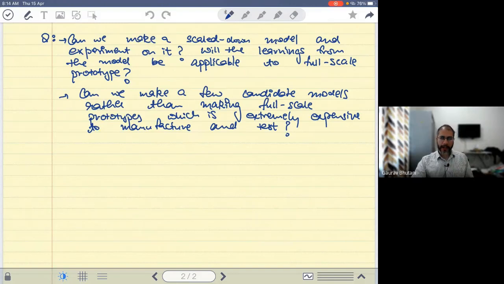Can we make a few candidate models rather than making full scale prototypes, which are extremely expensive to manufacture and test? Okay, so it's a follow up from there.